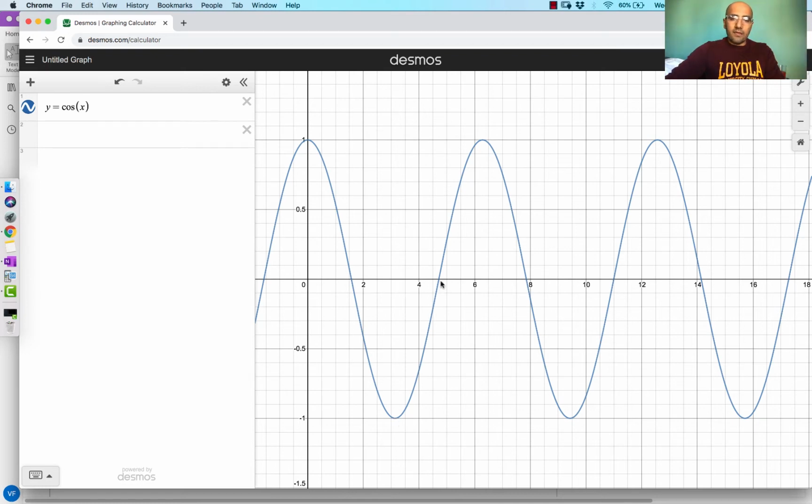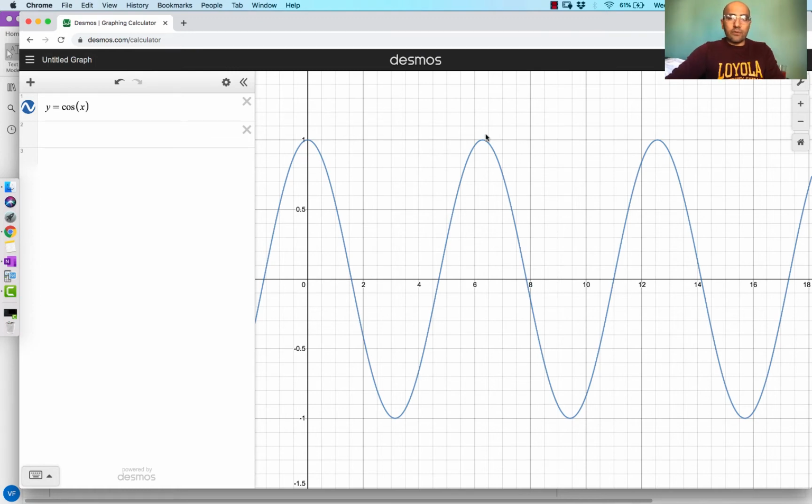Then at 1.5 pi, it reaches 0 again. And at 2 pi, it reaches its maximum to complete its cycle, its period, and then it repeats itself, right? So 2 pi is the end of its cycle, and that's a little bit past 6. That's what this is here. So this is in radians. This is not in degrees.